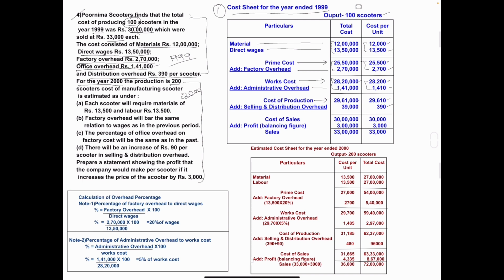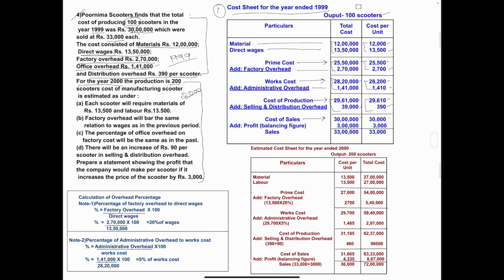So here for selling overhead, 390 into 100, you will get 39,000. Add these two. 29,61,000 plus 39,000, total is 30 lakh. Per unit, 29,610 plus 390, total is 30,000, and this is called cost of sales.